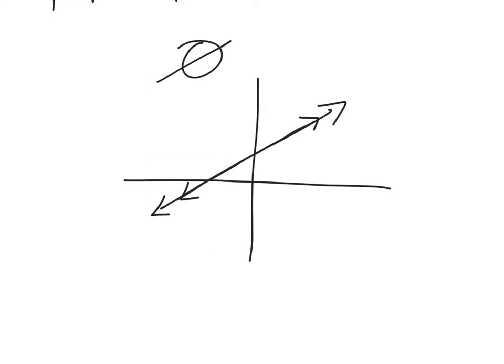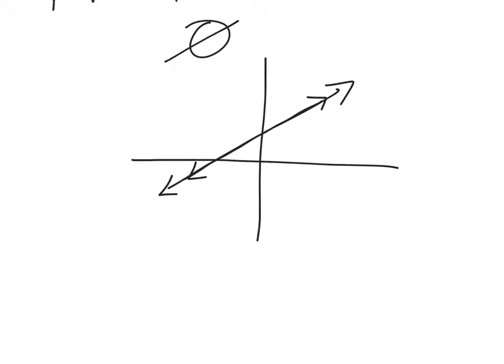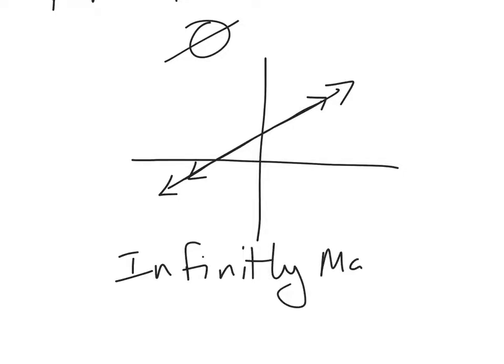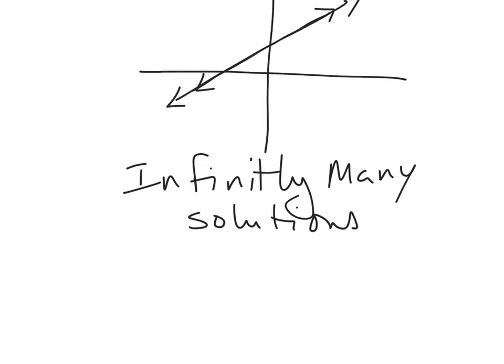And since the two lines are intersecting basically on top of each other, my answer here is infinitely many solutions. And I am pretty sure that I just butchered the spelling of infinitely, but infinitely many solutions. Many people will refer to this on quizzes and tests as just IMS.